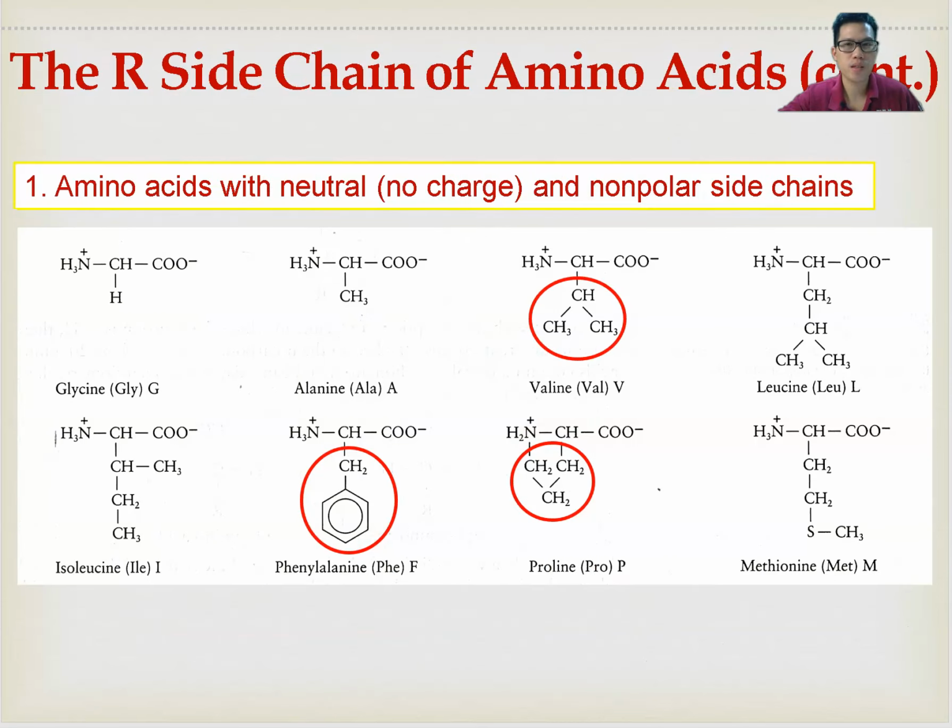So here you go, out of the 20 amino acids, those categorized as neutral and non-polar side chain are glycine, alanine, valine, leucine, methionine, proline, phenylalanine, isoleucine. You can see their side chain over here in the circle. This one is representative. You can see that there's no charge and it's not polar. Basically, it's a hydrocarbon chain.